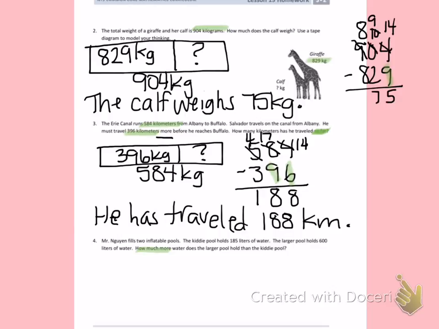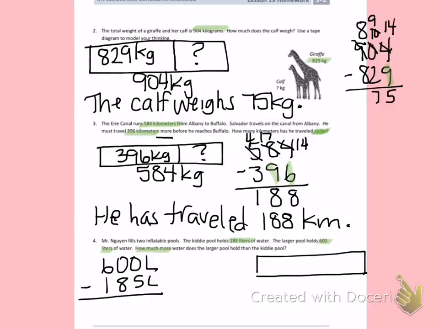How much more is asking me to compare the numbers 600 liters and 185 liters. When I compare, I am balancing the two numbers. So when I am comparing, I am going to subtract 600 liters minus 185 liters. I can also model that with a tape diagram.